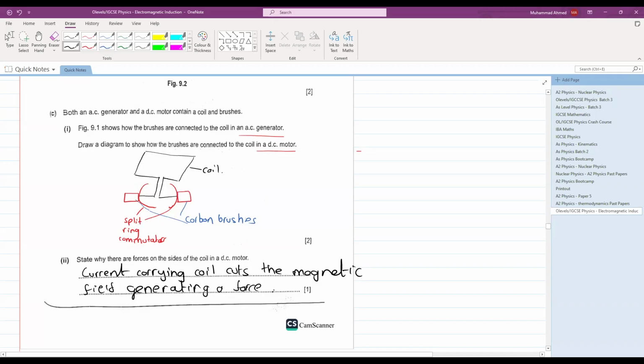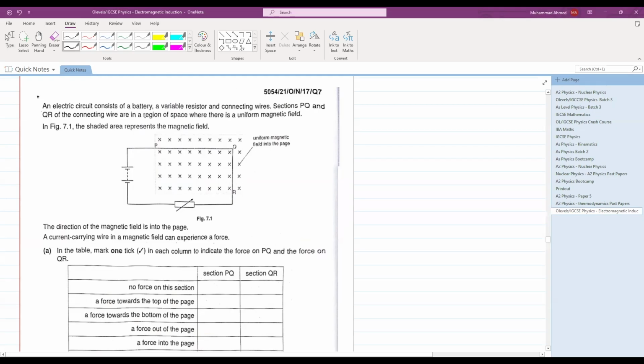Let's further move ahead. An electric circuit consists of a battery, a variable resistor, and connecting wires. Sections PQ and QR of the connecting wires are in a region of space where there is a uniform magnetic field.